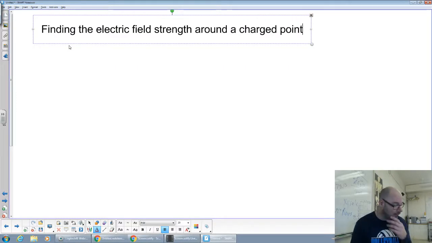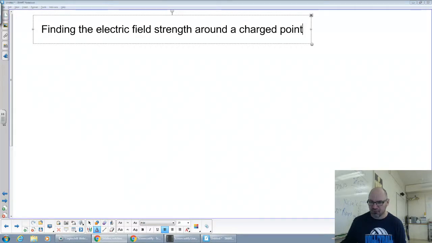I'll draw out a diagram to show you what we're going to be doing here. We'll derive this out. Will I expect you to derive it on an exam? Probably not, because you'll get the equations on a formula sheet for both the basic electric field strength and the electric field.